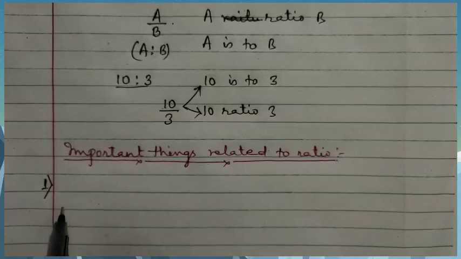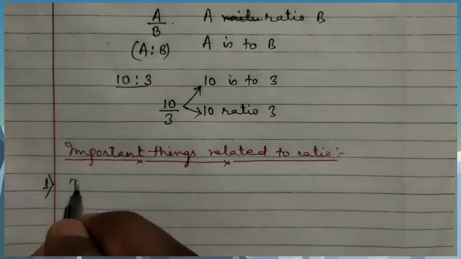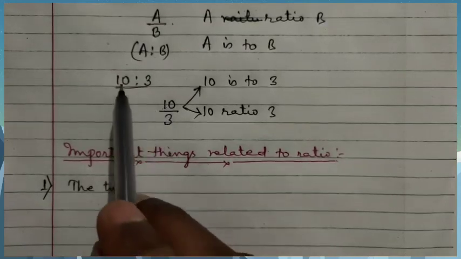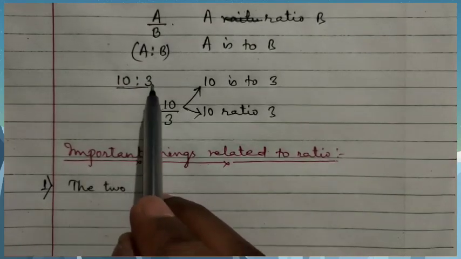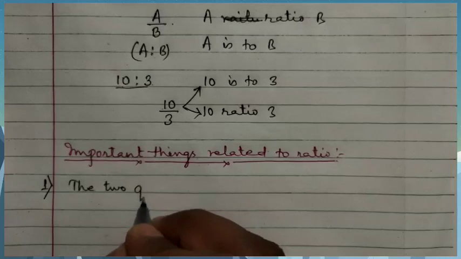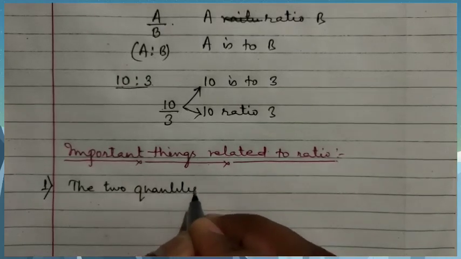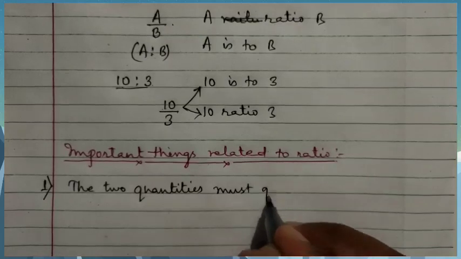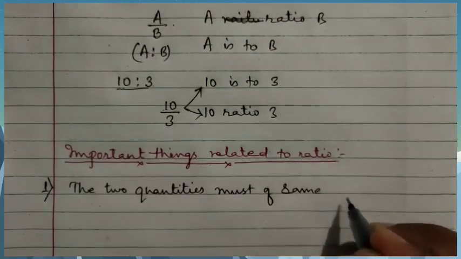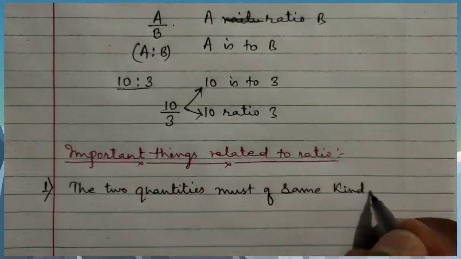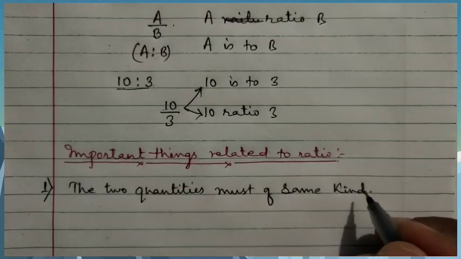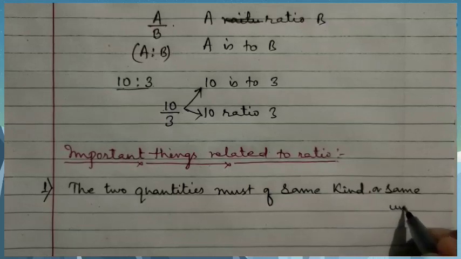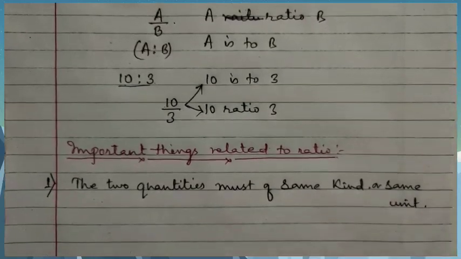The first point: two quantities are there, this is the first quantity, this is the second quantity. The two quantities must be of same kind, or same unit.